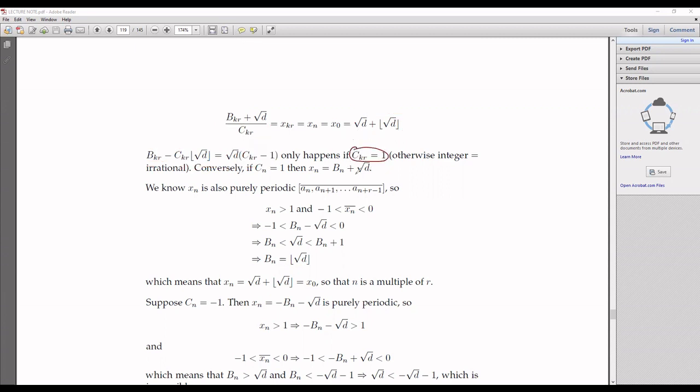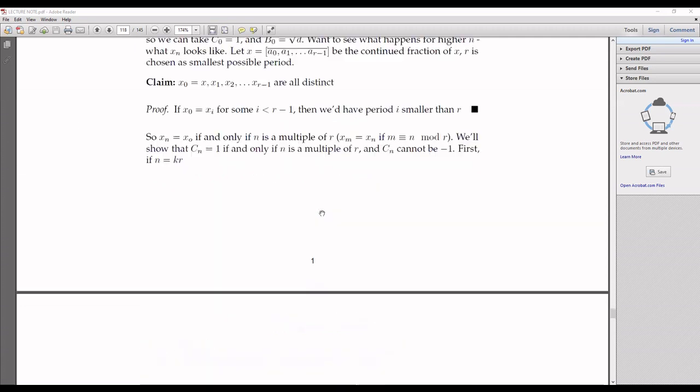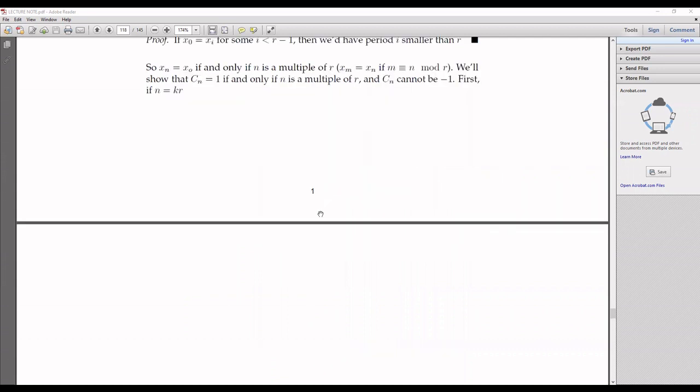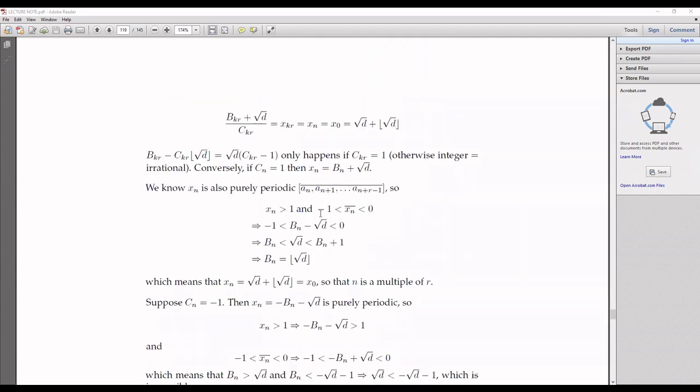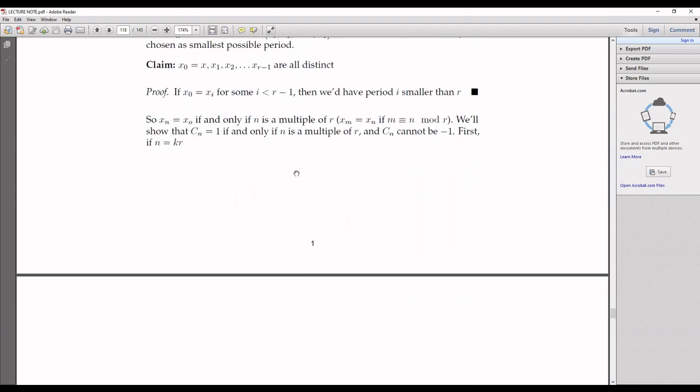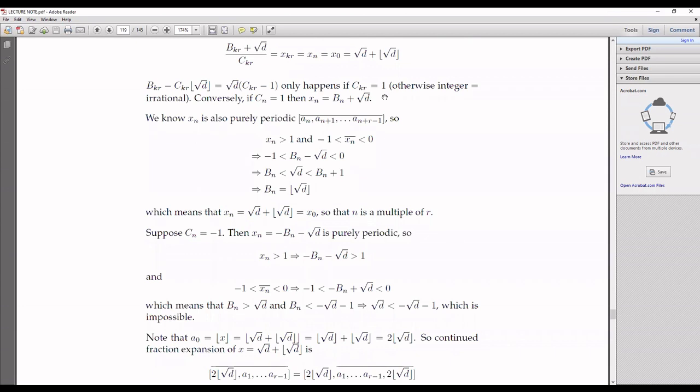Now let's prove the other way. Consider that Cn is now 1. We have to prove that Xn is this guy. We are now considering that Cn is equal to 1, and we are going to prove that n is a multiple of r. Let's see how we are going to prove that.